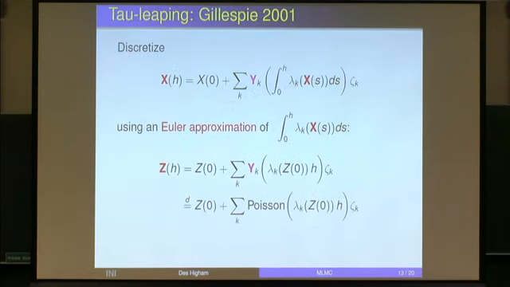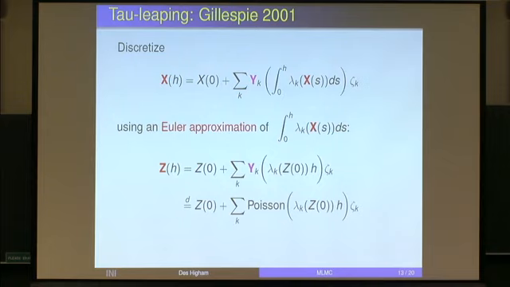So we can look at Gillespie's tau leaping algorithm from this perspective. Here's a reminder of what the exact process is doing. This is from time 0 to time h, so thinking of discretizing what happens over a single step. That's the exact version of the process. We can think of an Euler-style approximation, or in a sense replacing that integral by a single Riemann sum approximation with just one rectangle.